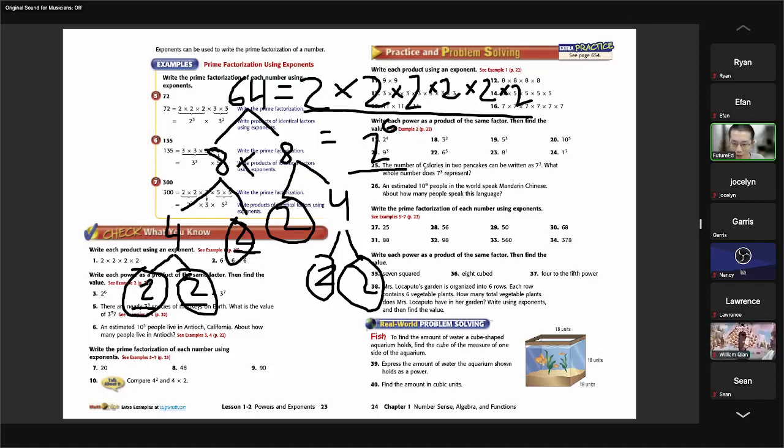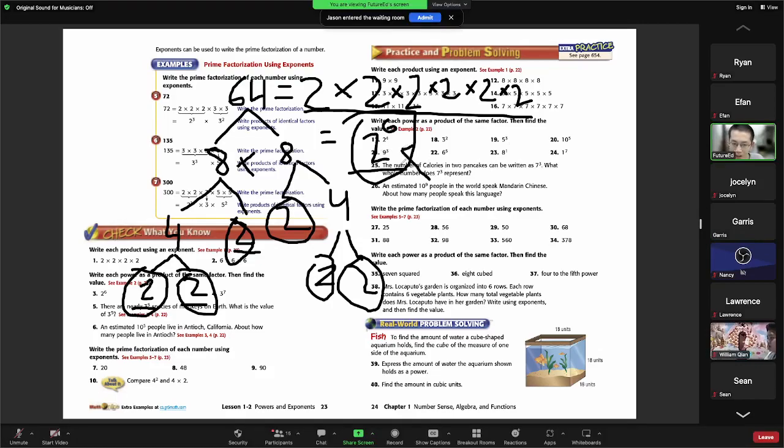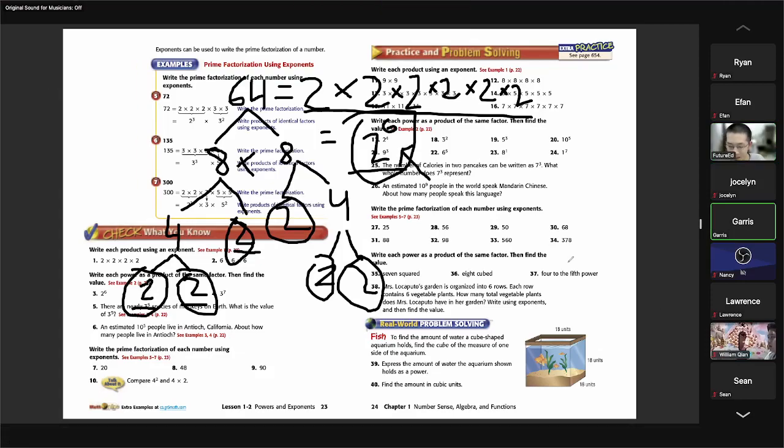So we see that 64, if you just break it down into all its components, is 2 to the power of 6. We see that it's much easier to write this little thing than writing this giant mumbo jumbo that might break your hand eventually. It's much easier to write 2 to the power of 6. Right, Garrus?